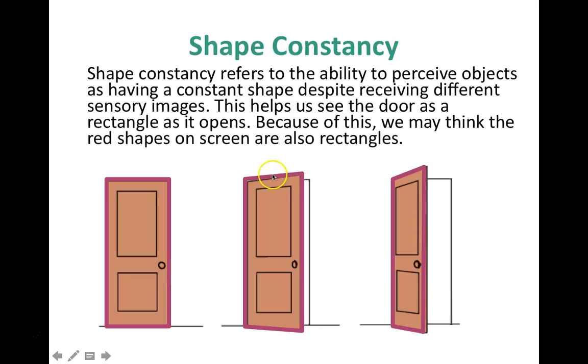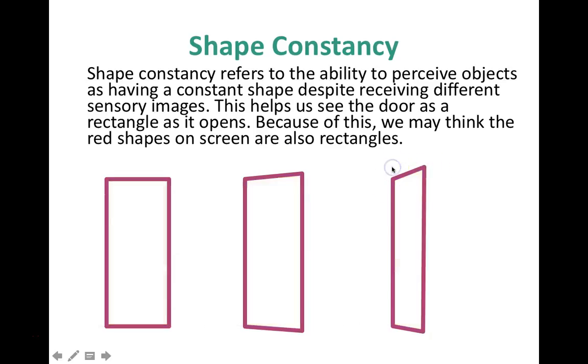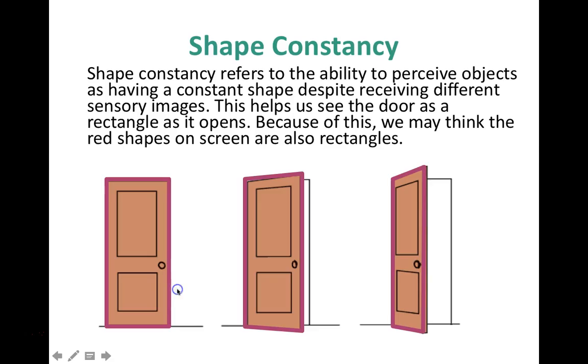But of course, because of this, we may think the red shapes on the screen are also rectangles. Which of course they're not, but our shape constancy compelled us to see the door as rectangular in all three images, because we know what doors are like when they're open and so on.